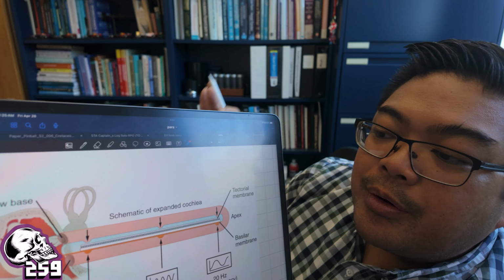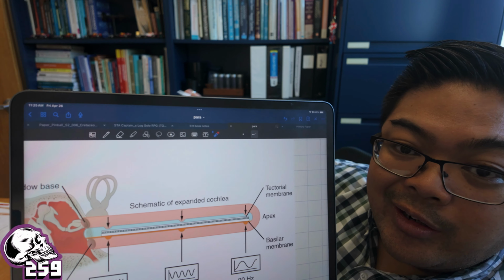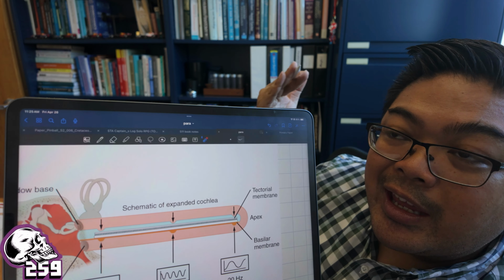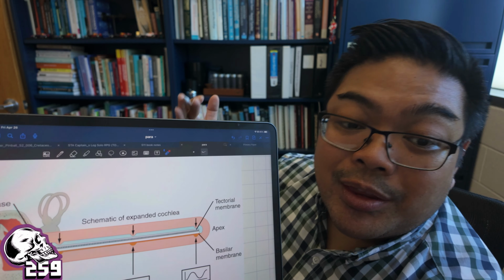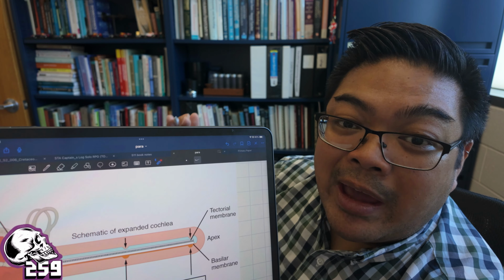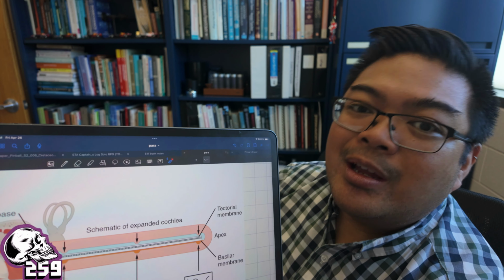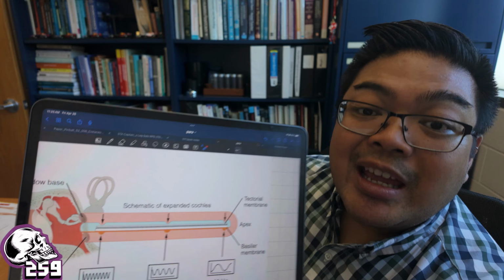Okay. And the other thing about the basilar membrane that's very important to understand is that associated with the membrane, we have a bunch of hair cells. What do hair cells do? They turn bending into action potentials, into signals that can make it to our brain.